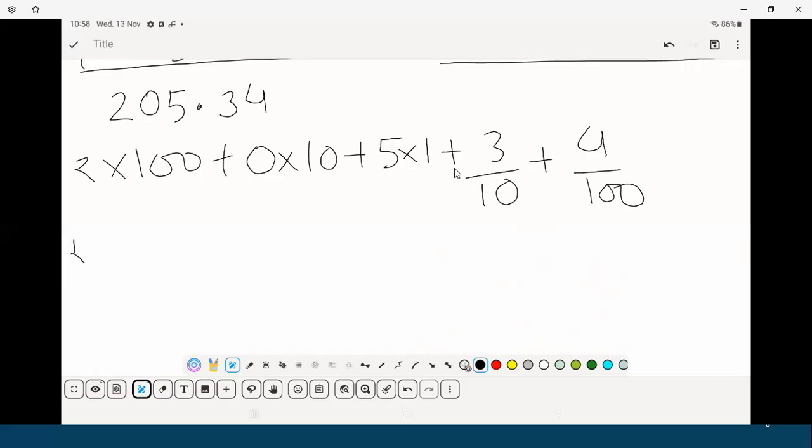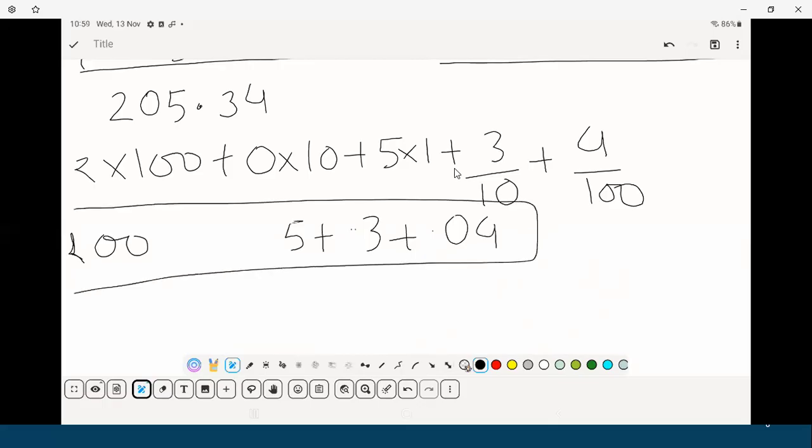That will be 200 plus 0 plus 5 plus 0.3 plus 0.04. So this is the expanded form. Okay, I hope it is clear.